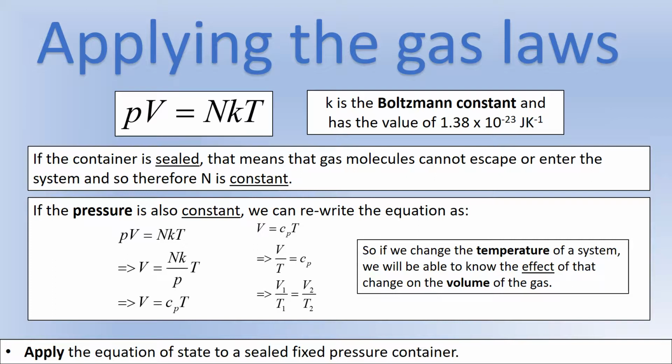Then I'm going to make Nk over pressure equal to a constant, and that's what we've seen there, like we saw in the previous video. Then I'm going to make the constant the subject of the equation. So V over T is equal to the constant, which means V1 over T1 is equal to V2 over T2, because they're both equal to the same constant. So we can look at the relationship between the temperature and the volume of the gas.